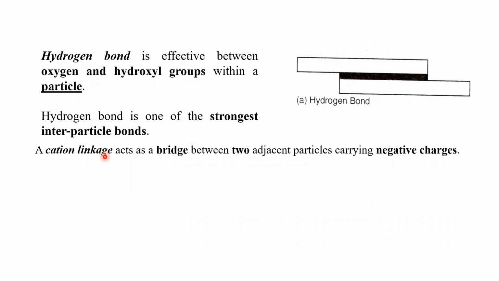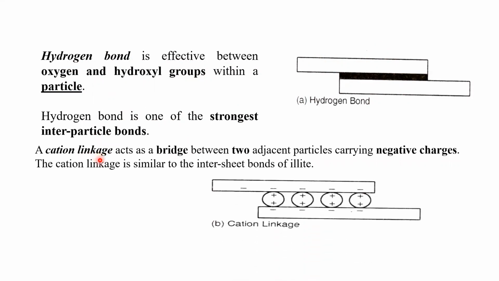The next point we can see, a cation linkage acts as a bridge between two adjacent particles. This is another bond. Cation linkage: two adjacent particles carrying negative charges. Suppose two particles, these particles have negative charges, right?